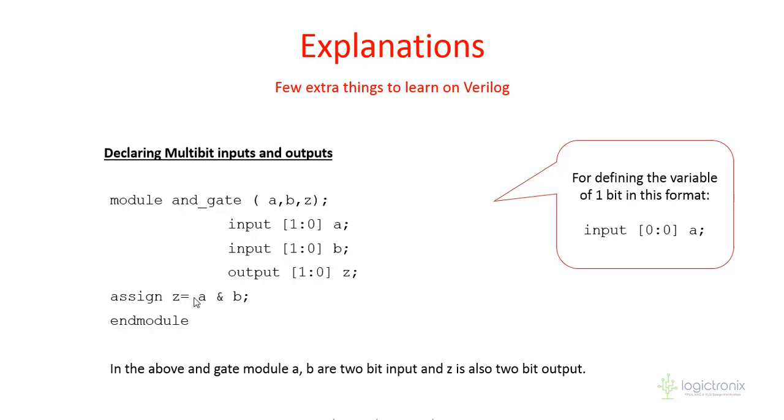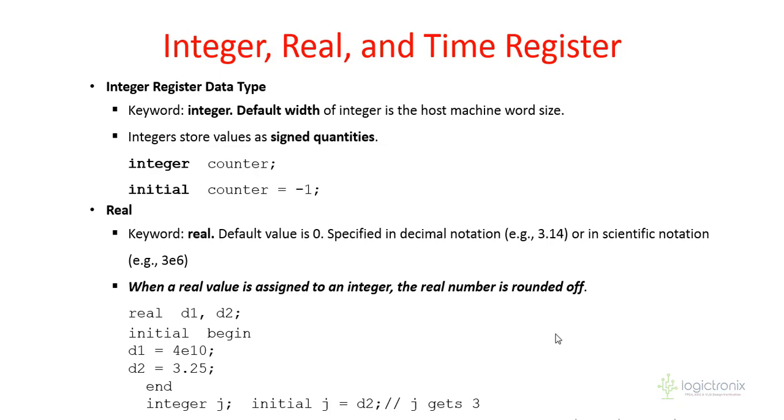So assign Z equals A and B. A and B will be operated, and the result will be assigned to Z in a module. If we want to define a single bit variable in this format, we can define it like this. Single bit means normally input A works for a single bit. If we want to define it in the MSB to LSB way, then we can have this statement. So let's go for the next one: integer, real and time registers.